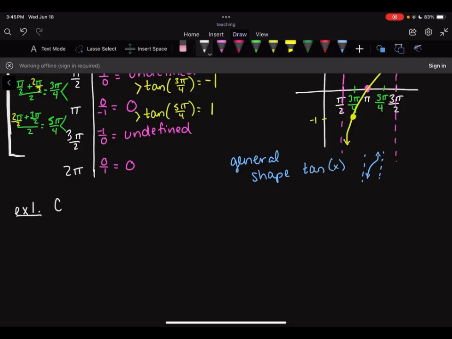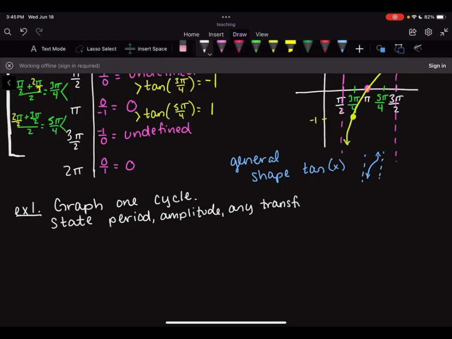So example 1, I'll say graph 1 cycle, state the period, amplitude, any transformations, asymptotes, and then also I'll say clearly label 5 points.